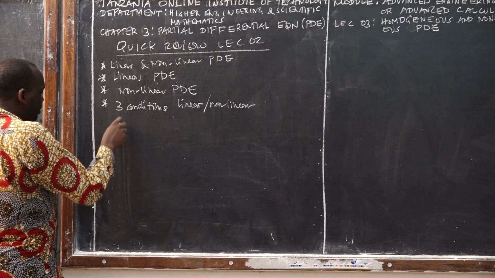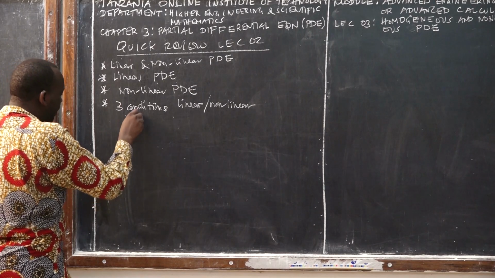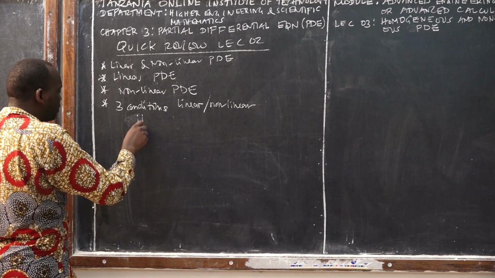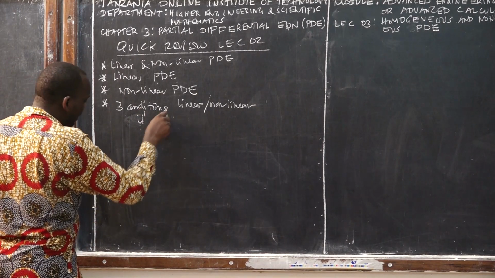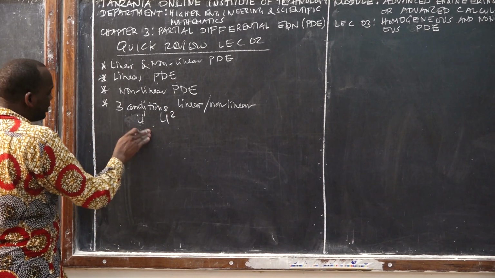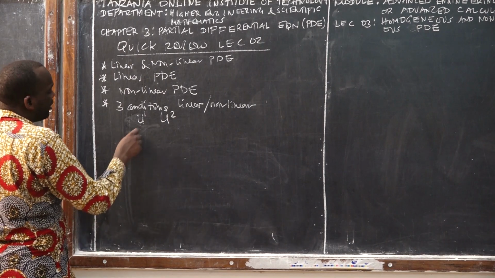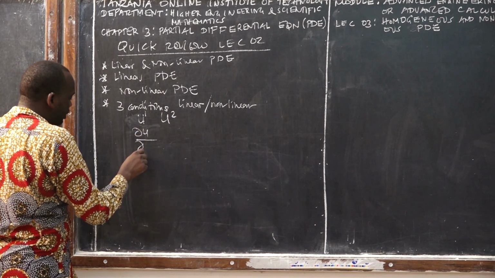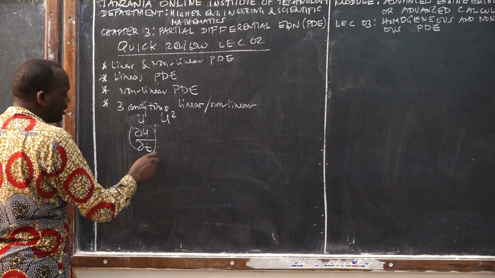So the first condition talks about the dependent variable. For instance, u. If u present in the differential equation has a power of 1, it's linear. But if u, as a dependent variable, has power 2, it's non-linear. Then the next condition discusses the power of the partial derivative. Let's say the partial derivative of u with respect to t. If its power is 1, it's linear.